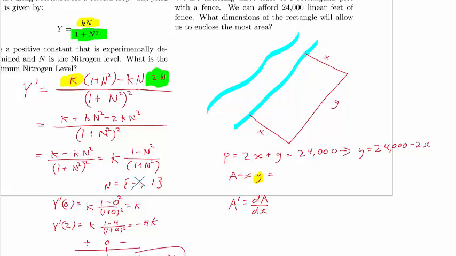And so we can plug this in. We can go ahead and factor out a 2. That might help us. So we have 12,000 minus x. And so then this whole thing becomes 2x times 12,000 minus x.